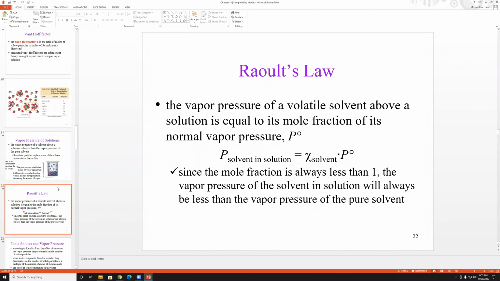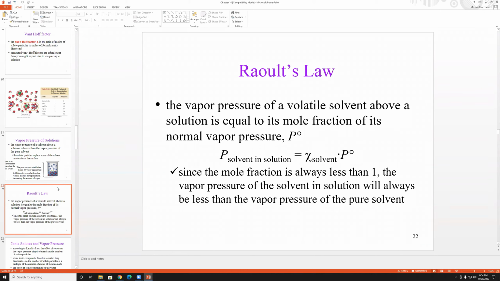So basically, this is the mole fraction of the solvent, not the solute. If the mole fraction is 1, meaning the entire thing is pure solvent, the vapor pressure is going to be identical to the normal vapor pressure of that solvent.